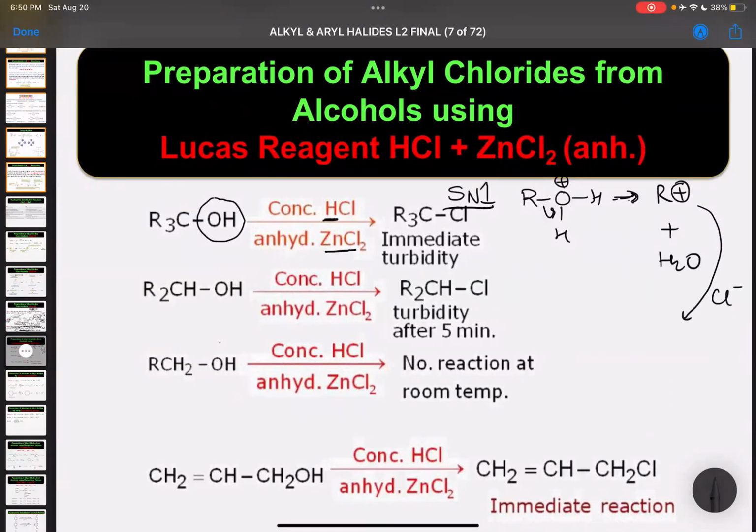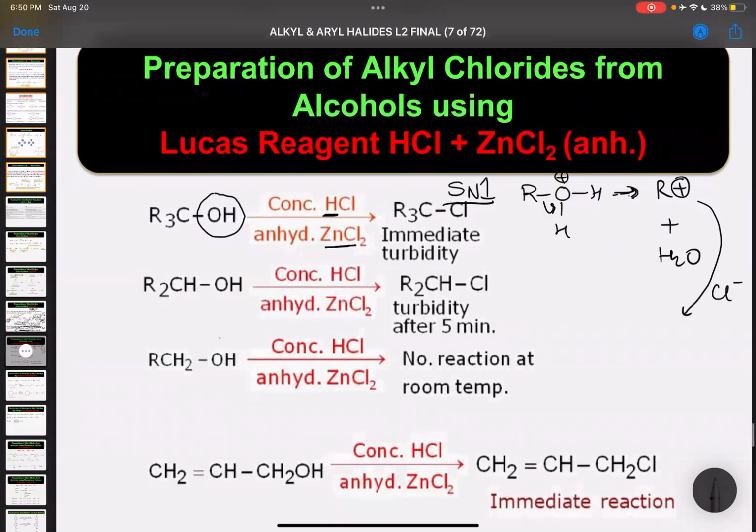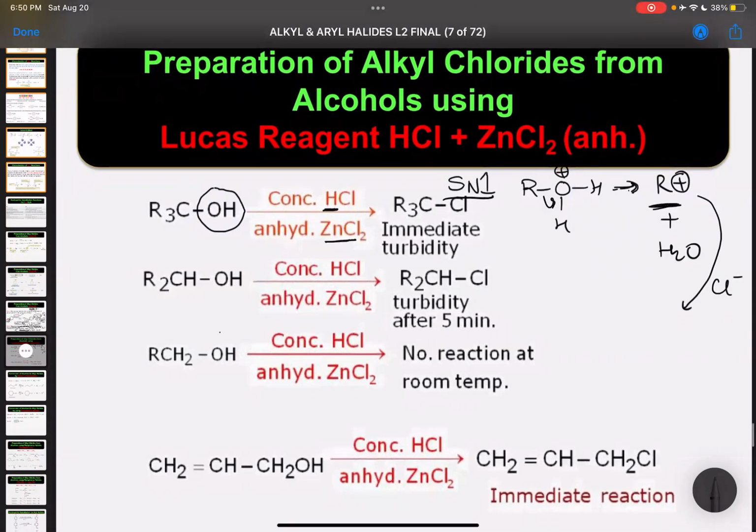It is very stable, that's why it can come out easily. And the more branched the alkyl group is, the more easily the carbocation can form, because the carbocation will be surrounded by 3 alkyl groups, which donate electrons to the cation and make it very stable. This is a slow step, and it can form very easily.